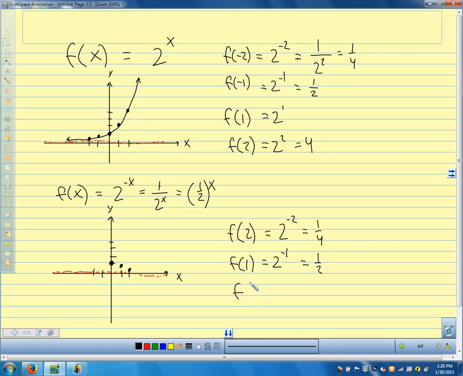We already have our y-intercept. F of negative 1 is 2 to the first, which is just 2. And f of minus 2 is 2 to the second, which is 4. So you get a point here at 4. And the graph of my function ends up looking like so.